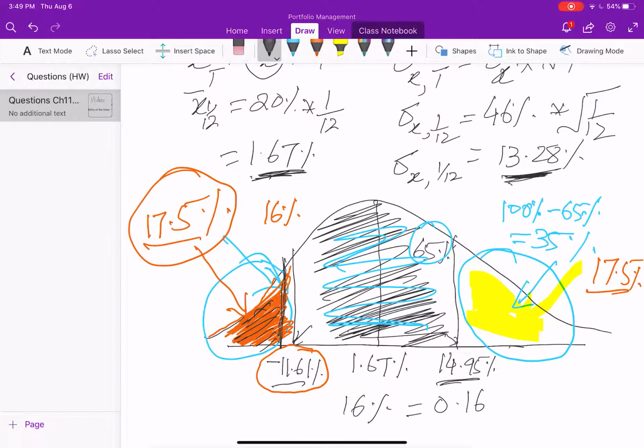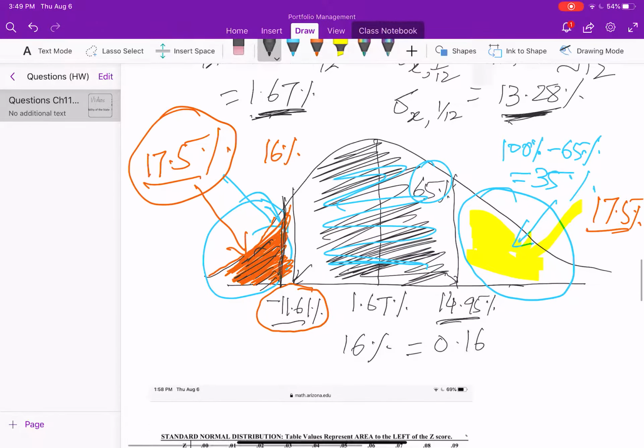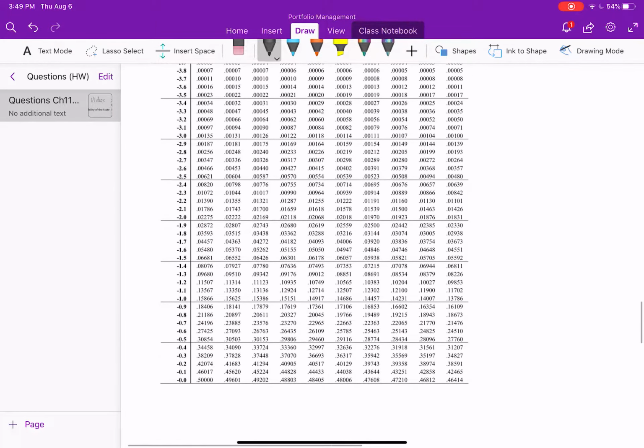So see where this 0.16 is given in the z table. We can see that the 0.16, which is the 16%, is lying somewhere between this value and this value. This value is given by -1, and this value is given by minus 0.99.